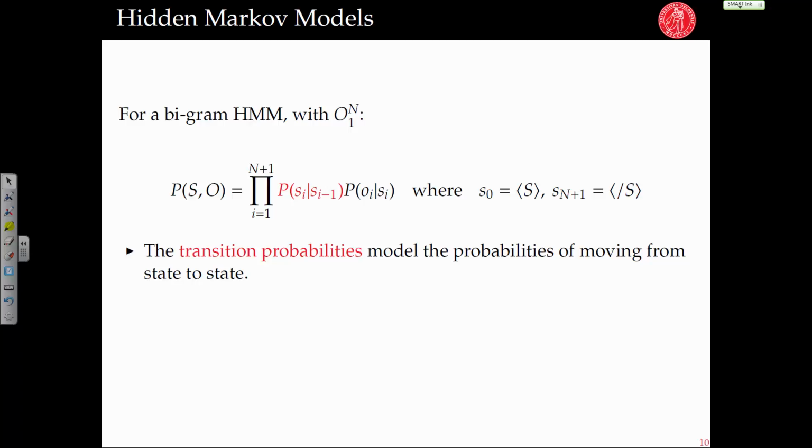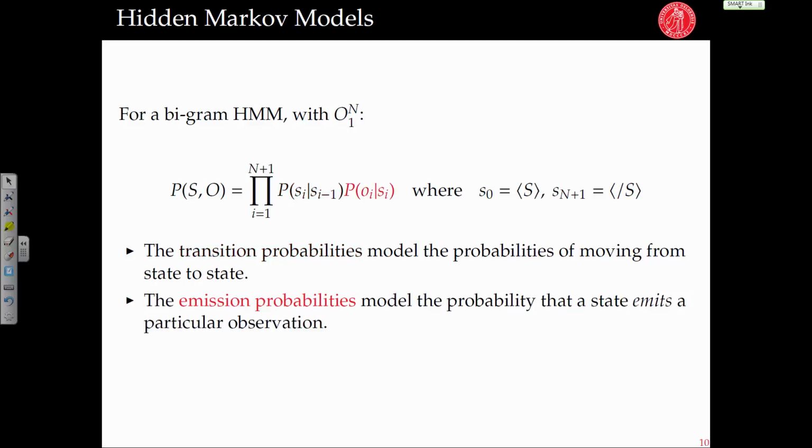And this term here we will refer to as the emission probability, because it models the probability that a given state generates or emits a particular observation.